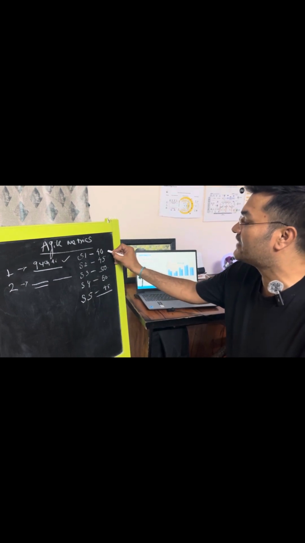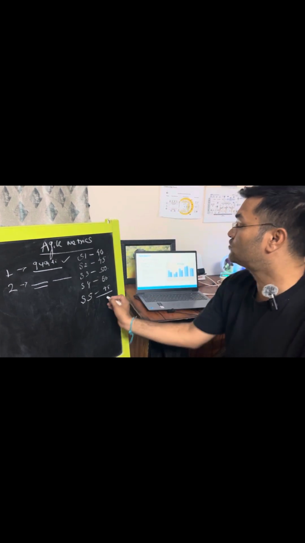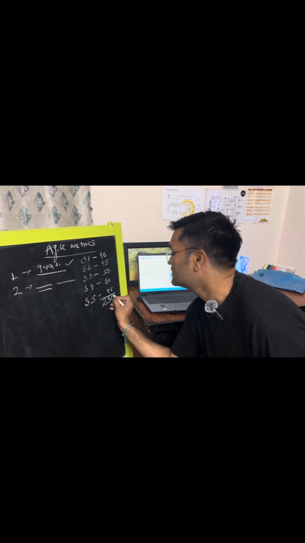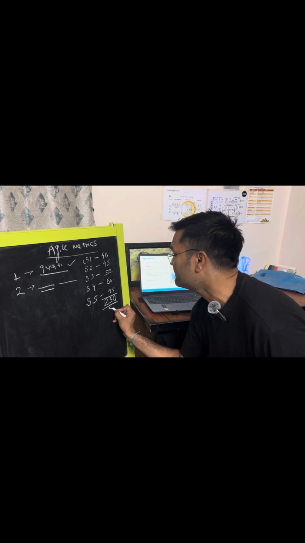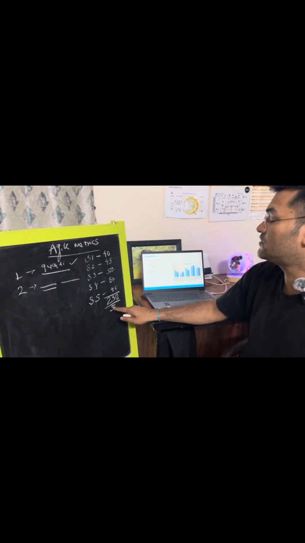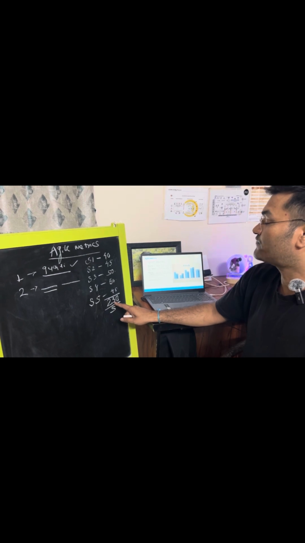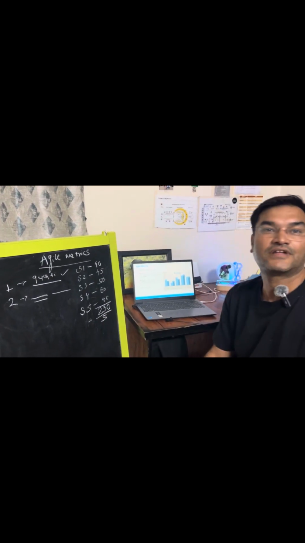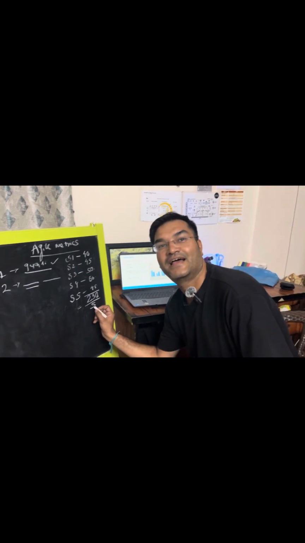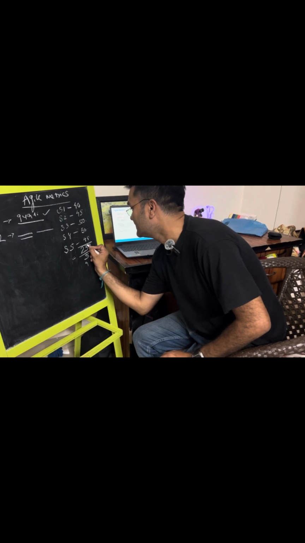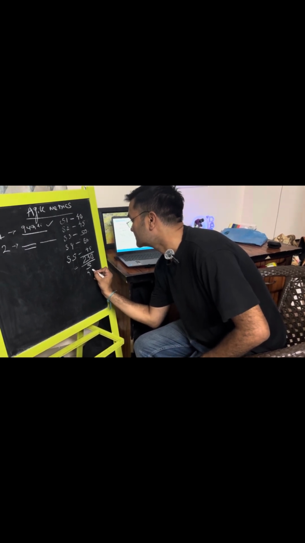If you have to calculate the sprint velocity, you need to add all these up. The total cumulative value comes out to be 230. So you divide this 230 by 5, and that will give you the sprint velocity for that particular team. That comes to 46.